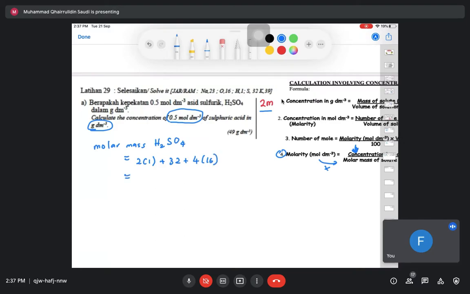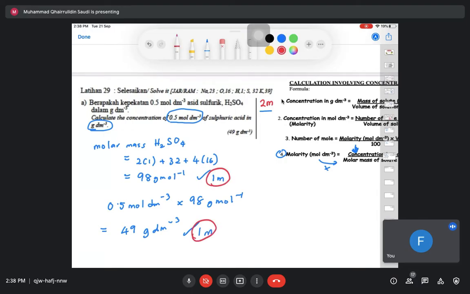You will get 98 gram per mole. This will be 1 mark. Next one, when we already have the molar mass, put it into the formula. So molarity 0.5 mole per dm cube times 98 gram per mole, and you will get 49 gram per dm cube. This is another mark. So total will be 2 marks.